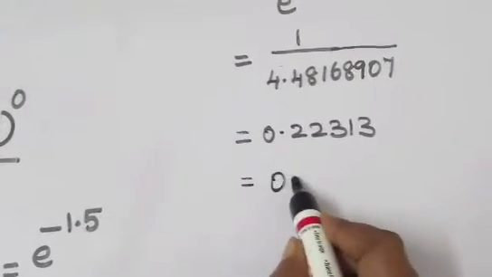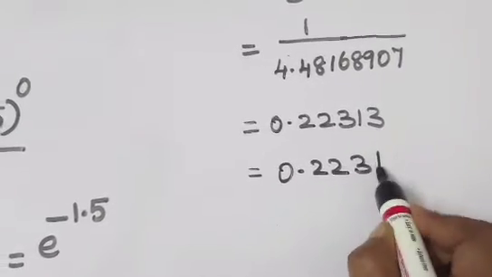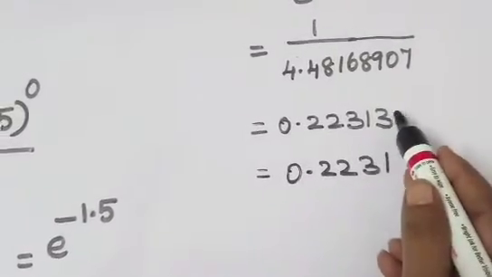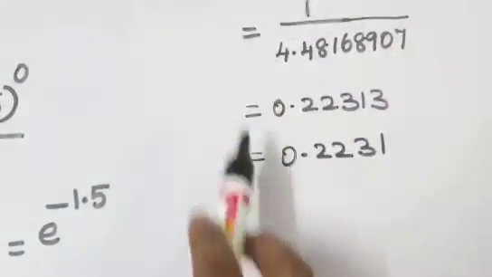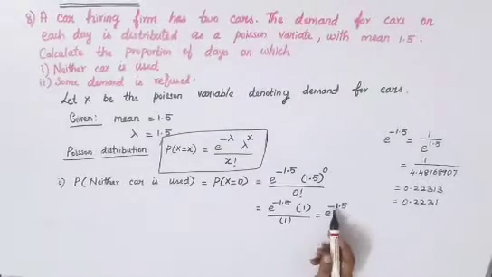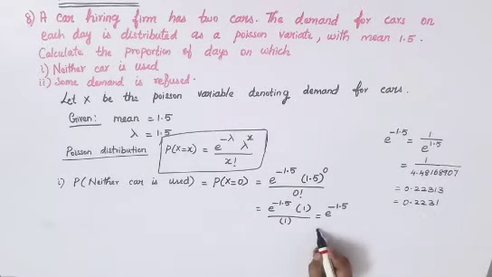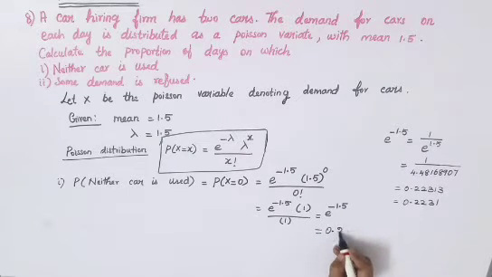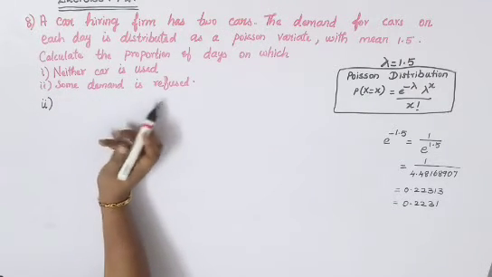So your answer will be 0.2231. Since the next digit is less than 5, you can remove that number. So your value for e power minus 1.5 will be 0.2231. E power minus 1.5, you have got the value 0.2231. So your answer will be 0.2231.